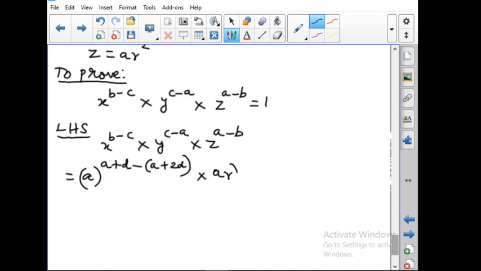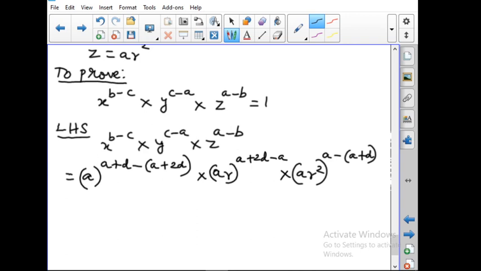AR power C minus A, C is A plus 2D minus A. So A is A only, into Z. Z is what here? Z will be AR square. So AR square power A minus B. A minus B is what here? A plus D. First, you have to substitute the values like that.